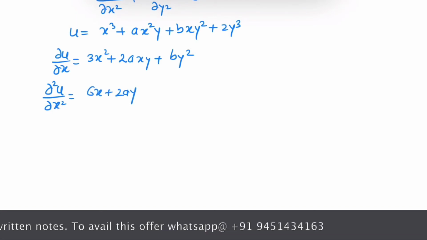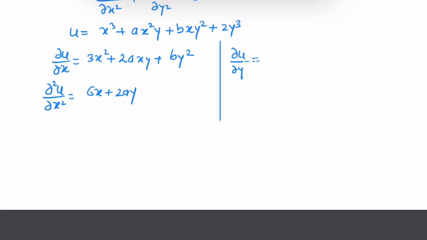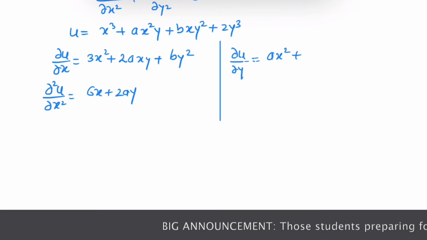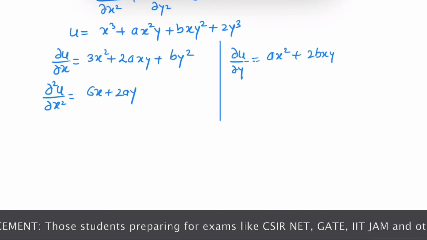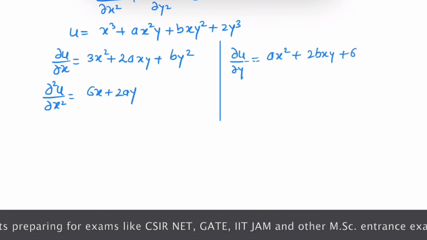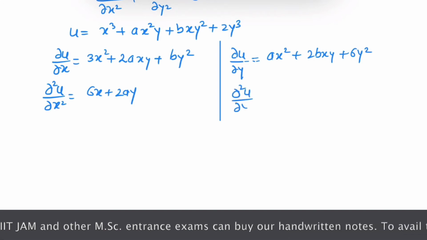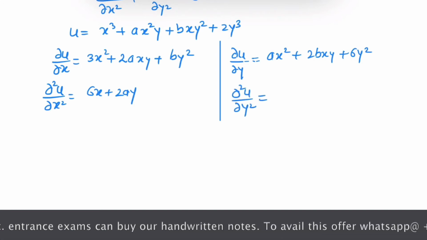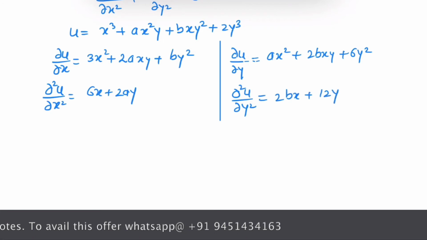Now let's find ∂u/∂y. ∂u/∂y will be ax² + 2bxy + 6y², and ∂²u/∂y² will be 2bx + 12y.